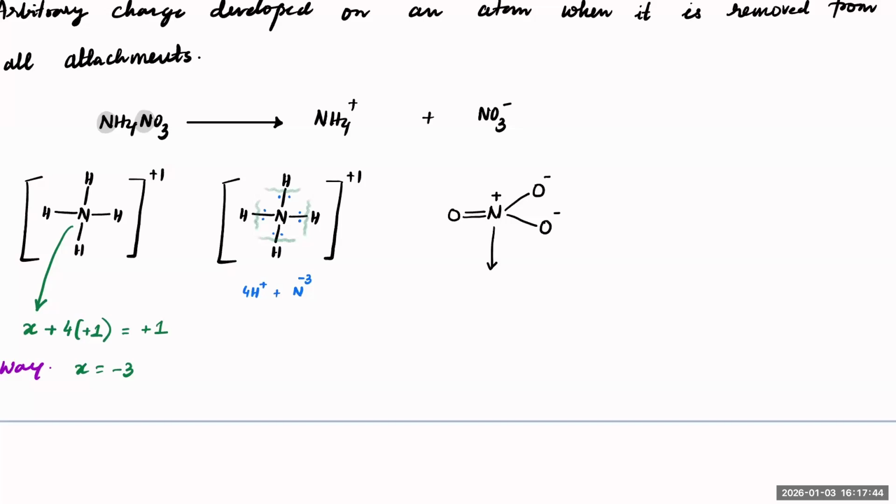That is, if this is X, then there are three oxygens, minus. Oxygens usually have more power. Each oxygen will try to pull at least two electrons towards itself, and overall there is a -1 charge on it. So that's how it appears. X is +5 in this case.